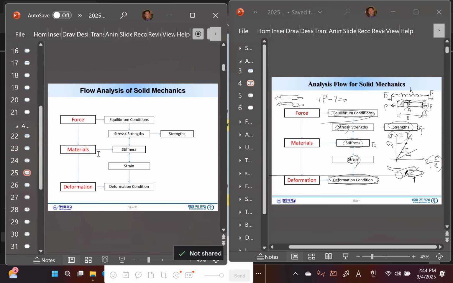So this is the subject, and again, as you can see, every chapter we repeatedly use this 3-5-1 flow chart, so make sure where we are and what subject we are starting.